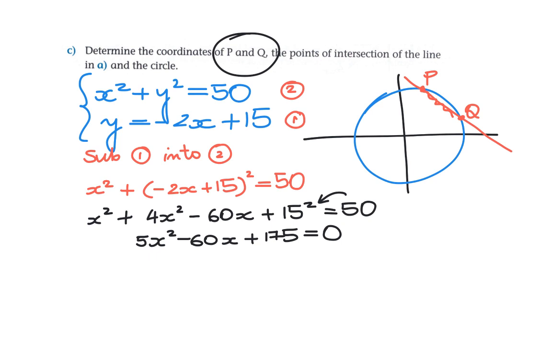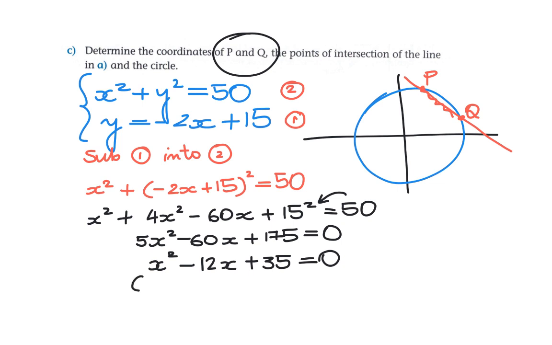Can we simplify this trinomial further? Yes, we can. We can divide across by 5, so we get x squared minus 12x plus 35 equal to 0. Factorize either by inspection or by use of the quadratic formula.